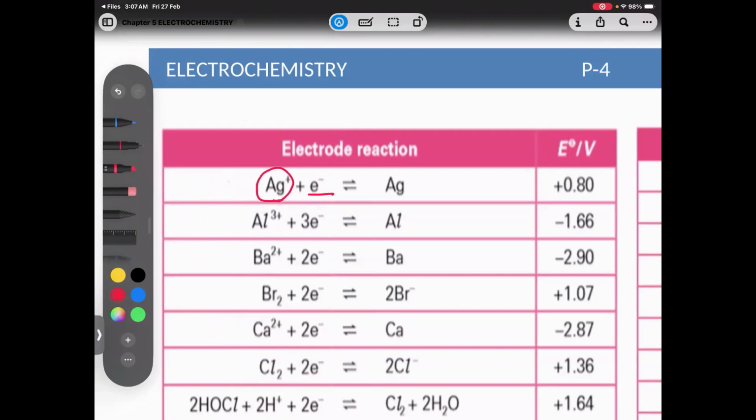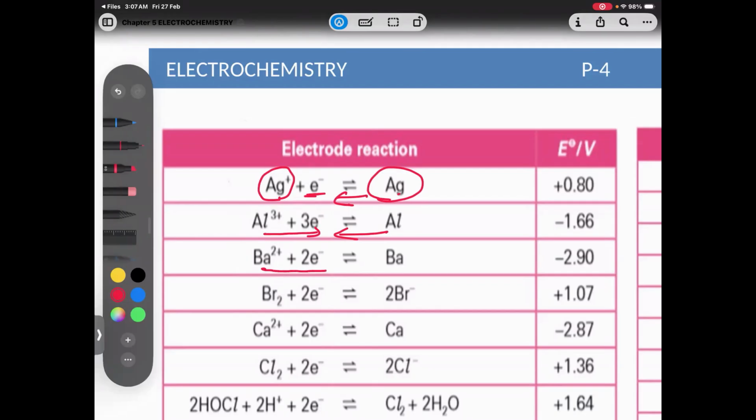Silver is gaining 1, aluminium is gaining 3, this is gaining 2. These are all reversible reactions. Silver ion is gaining, but silver metal is losing. Aluminium 3+ is gaining, aluminium metal is losing.